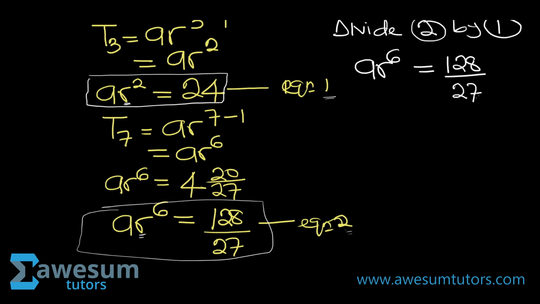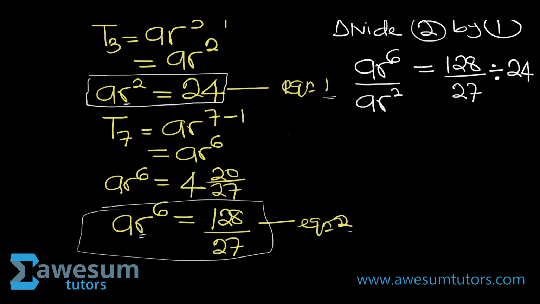That is what you have. Divided by equation 1, which is AR raised to the power 2, divided by 24. That will make life easy for you, okay?